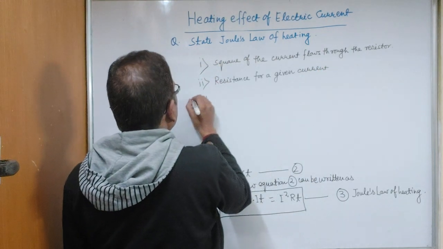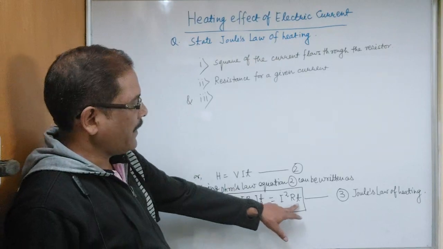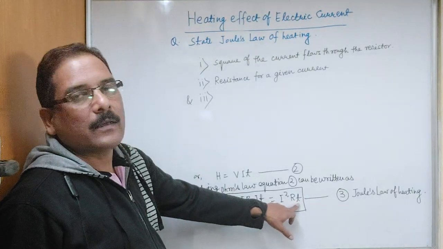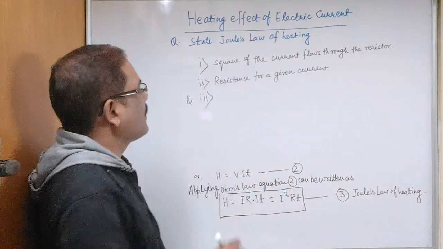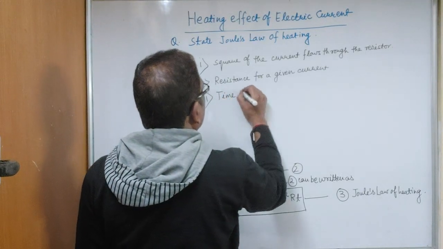And third, it is directly proportional to small t. Small t stands for time, the time for which current flows through the circuit.